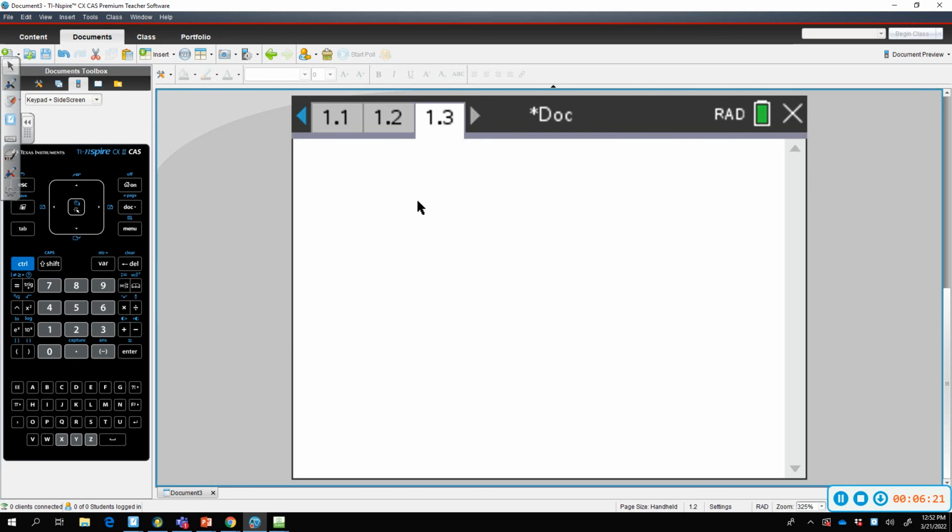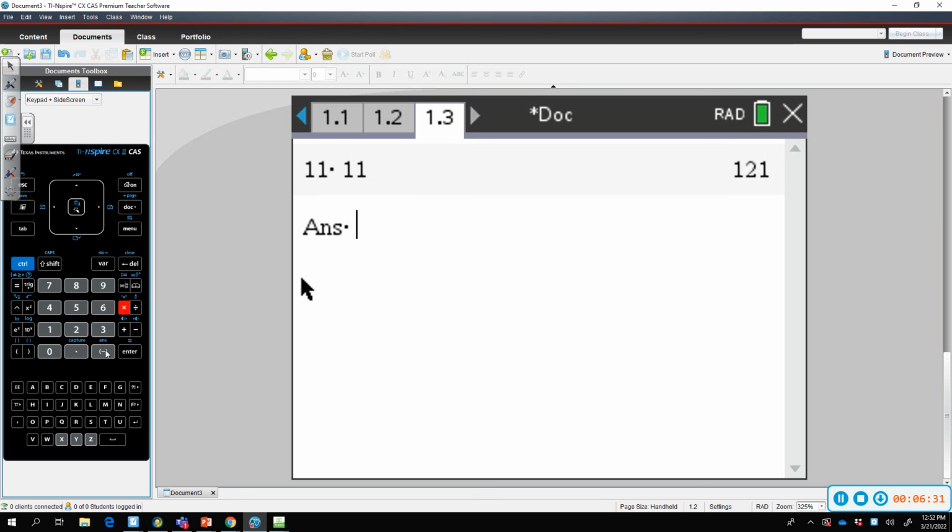Now I've got 11 squared, so 11 times 11, 121. I'm going to multiply that by negative 0.213. So I get negative 25.773 plus, and now I've got 2.08 times 11. And that's going to give me 22.88 and plus 22.96.